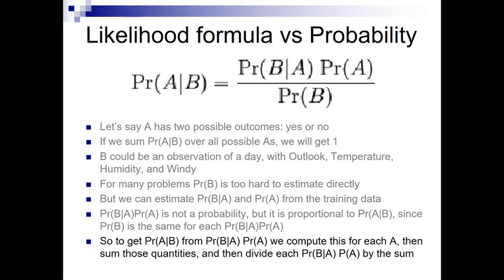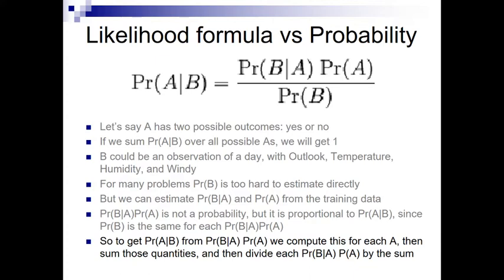So to get the probability of A given B from the probability of B given A times the probability of A, what we'll do is compute this numerator for each of those A's, then sum those quantities, and then divide each probability of B given A times the probability of A by that sum, so that we see what is the proportion of the numerator for one of those A's over the sum across those numerators for all of those A's.